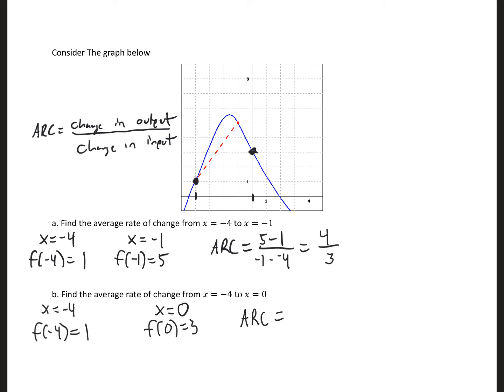So let's compute the average rate of change. The average rate of change is the change in outputs, 3 minus 1, over the change in inputs, 0 minus negative 4. 3 minus 1 is 2. 0 minus negative 4 is 4. While 2 is not divisible by 4, we can reduce the fraction 2 over 4 to 1/2.